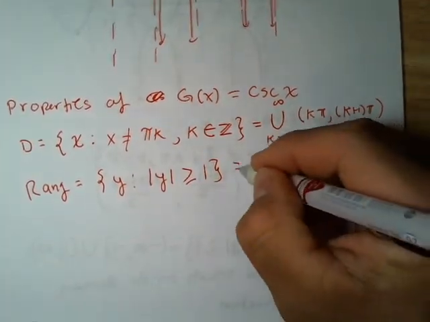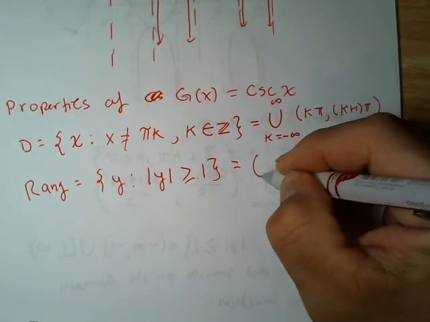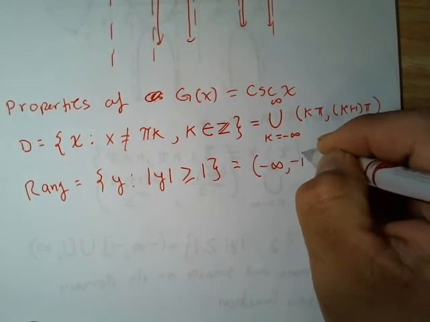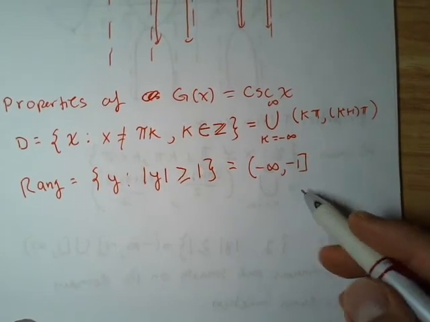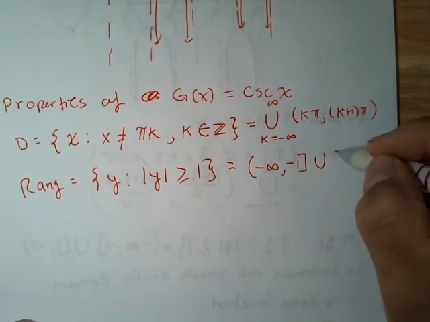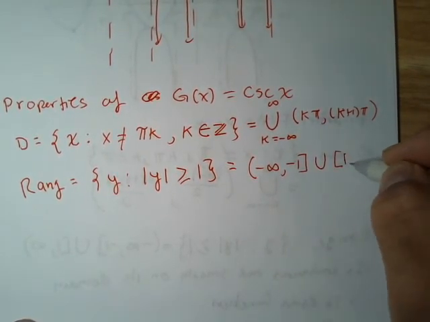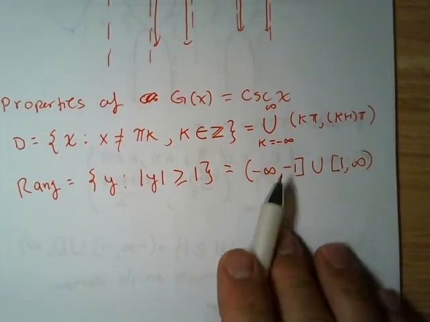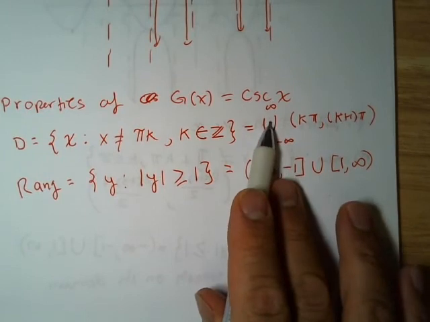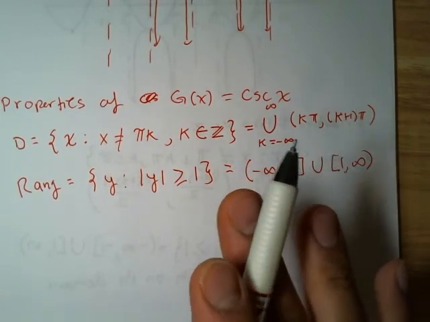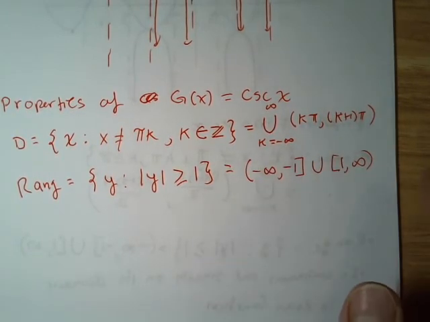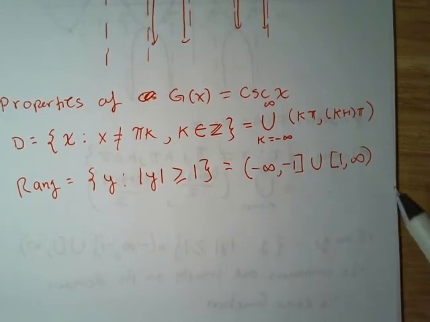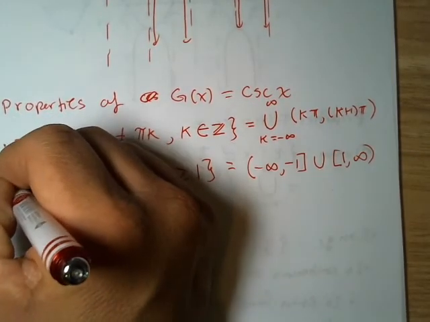And in terms of interval notation, negative infinity to negative 1, inclusive of negative 1, union of 1 to infinity. This union is the same as this larger union, except this one is doing a wide number of intervals, and this is just doing these two intervals, putting them together. So that's the domain, that's the range.